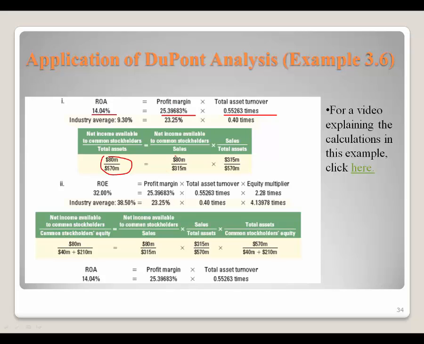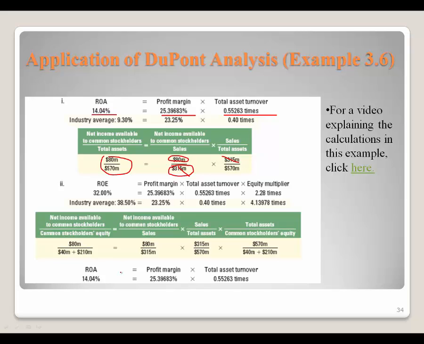Profit margin is the 80 million net income divided by sales of 315, and total asset turnover is sales of 315 divided by total asset of 570. On the right hand side, the 315 and 315 cancel out. What you have left is 80 divided by 570, which is the ROA of 14.04%.